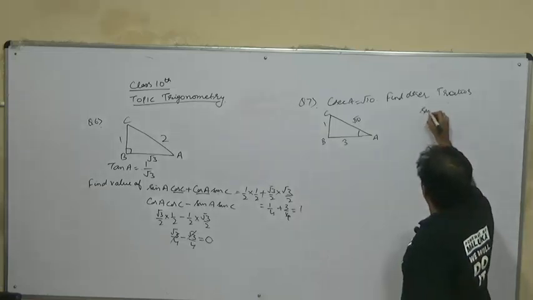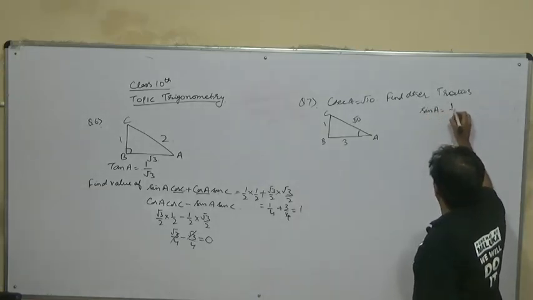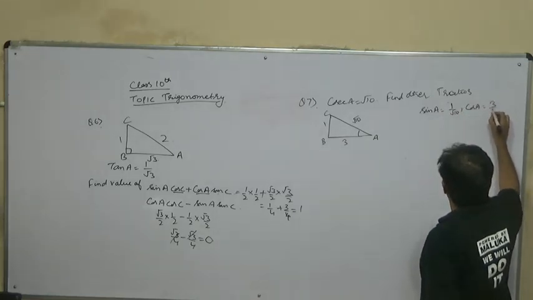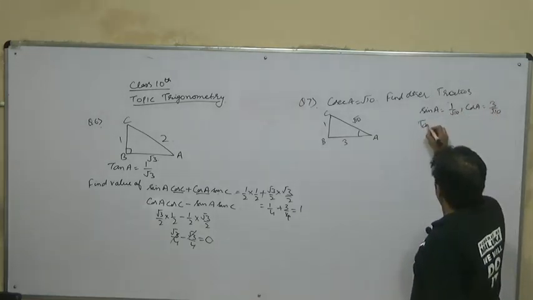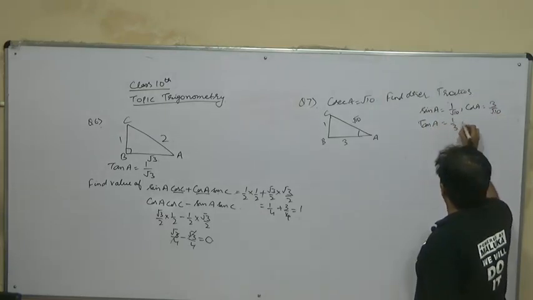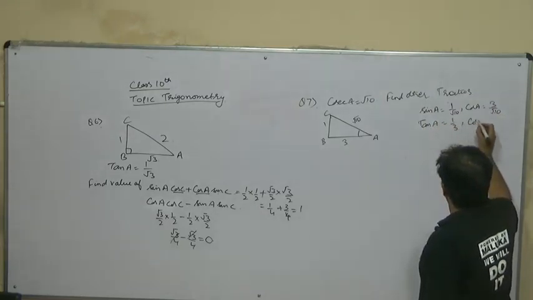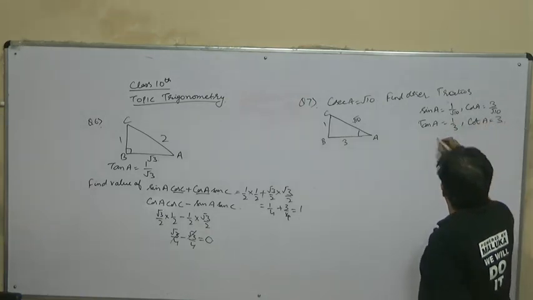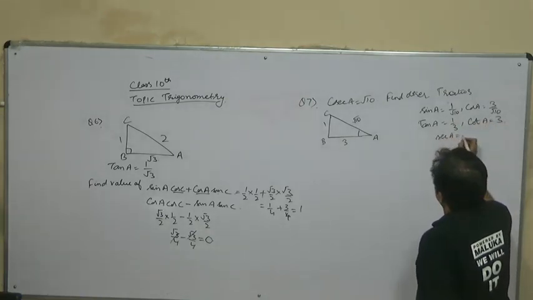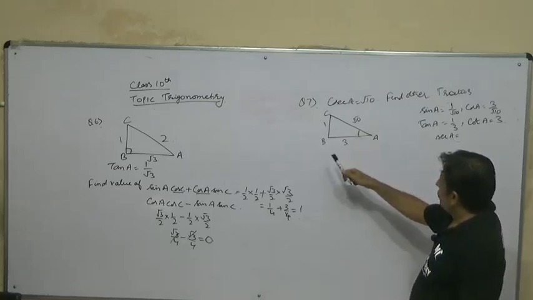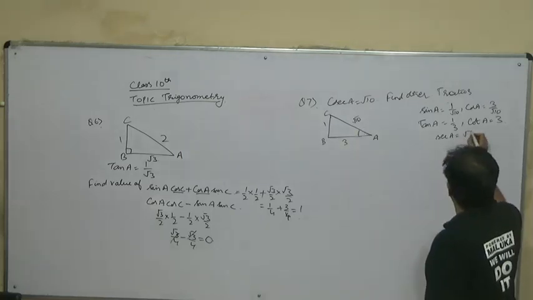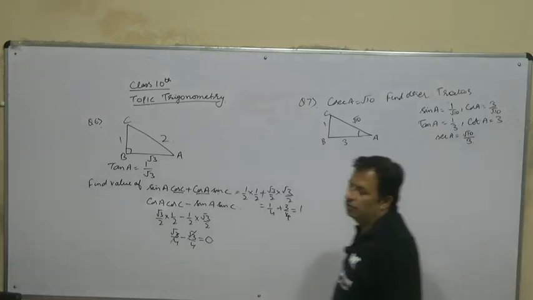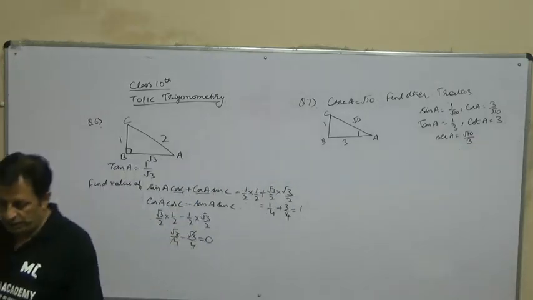So sin A is directly 1/√10, cos A is 3/√10, tangent A is 1/3, cosecant A we are given, then cot A is 3, then secant A is given as √10 upon base 3. So these are all the values which we want to find here.